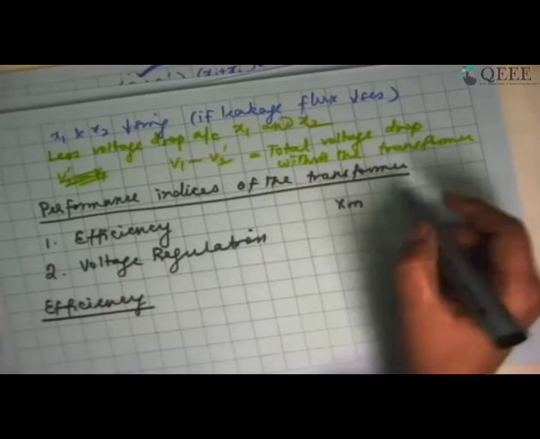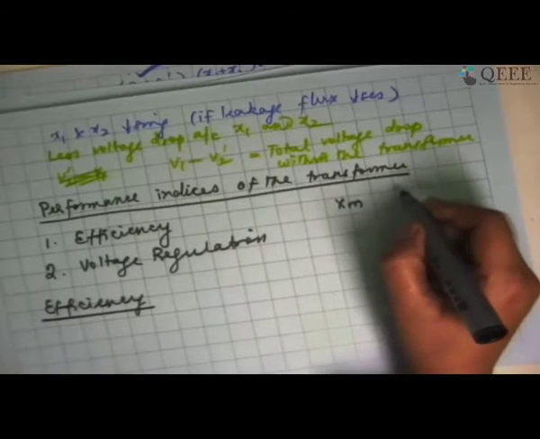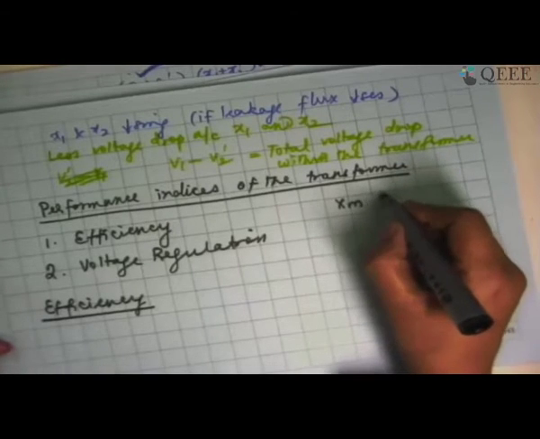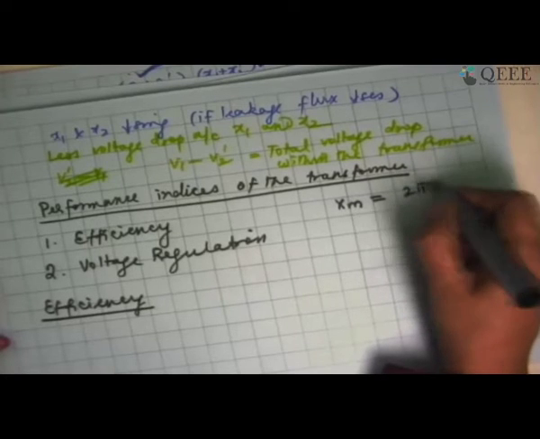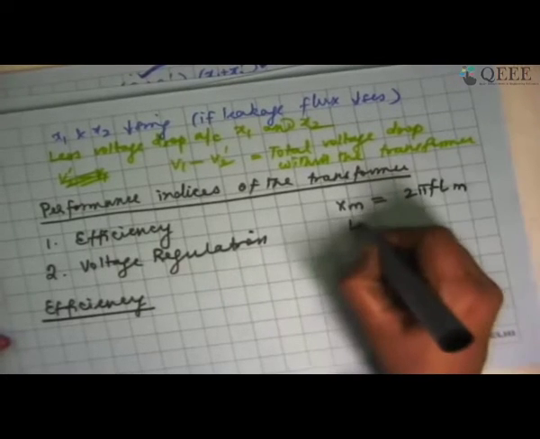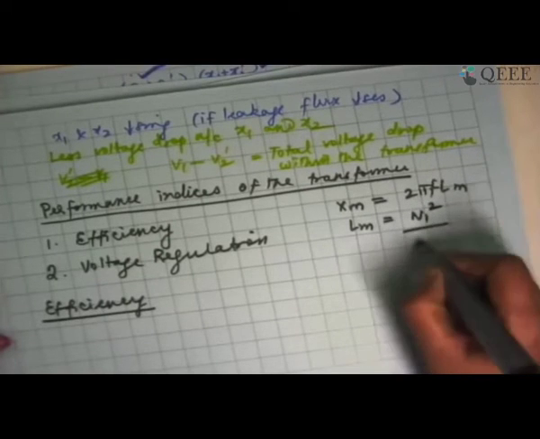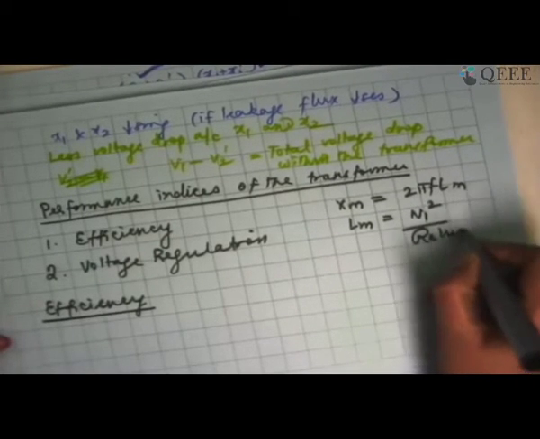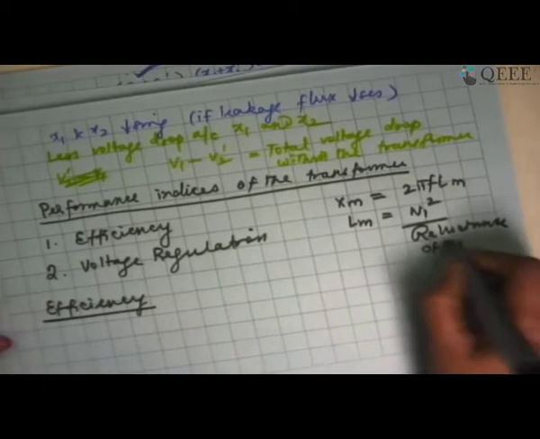XM you can calculate, this is essentially 2 pi f Lm. So I have to worry about Lm only. Lm is N1 square divided by the reluctance of the core.